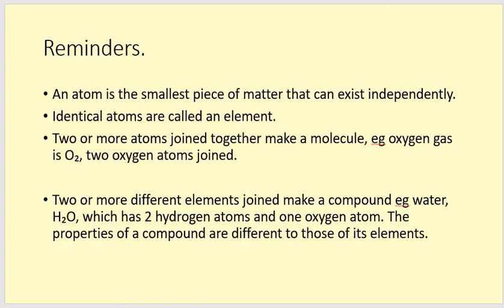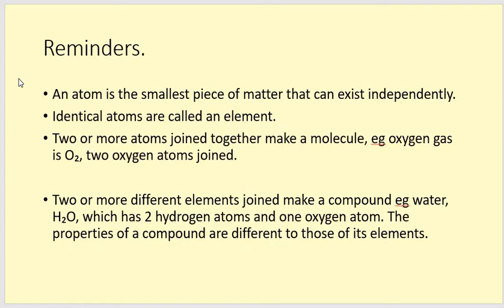So, first one, you should already know this, but if you are not sure, you might want to copy this into your book, either in my words or your own words. So an atom is the smallest piece of matter that can exist independently. Yes, somebody will be telling me that there are subatomic particles, protons, neutrons, electrons, but they don't exist on their own. They exist as part of something bigger.